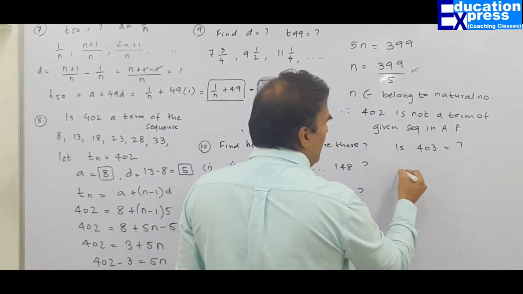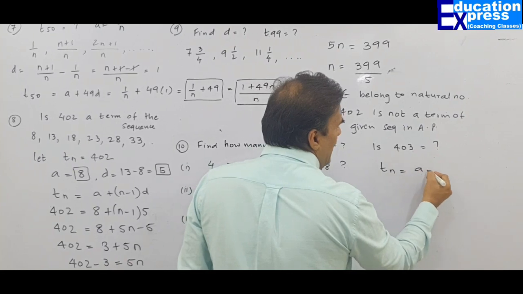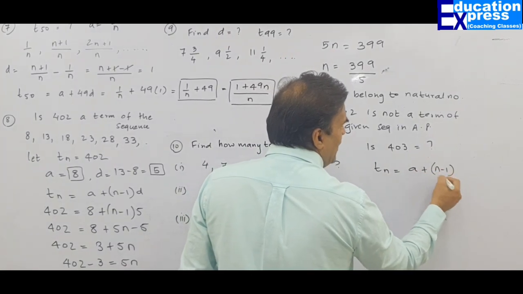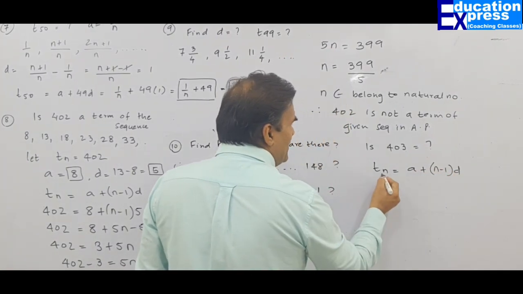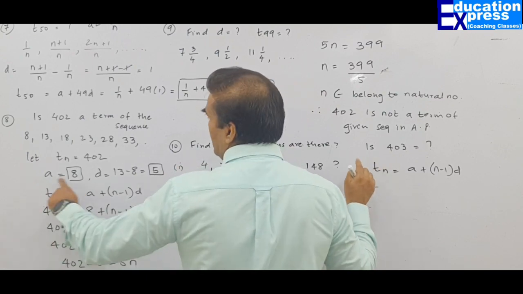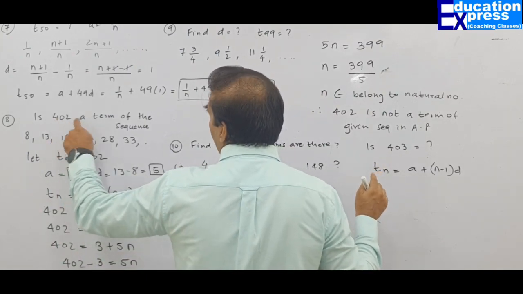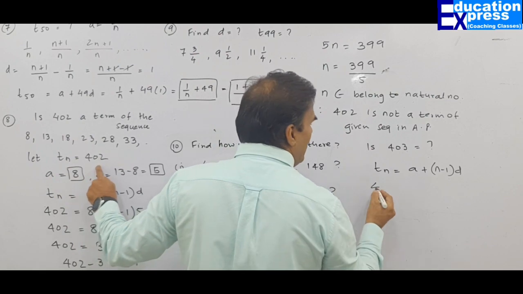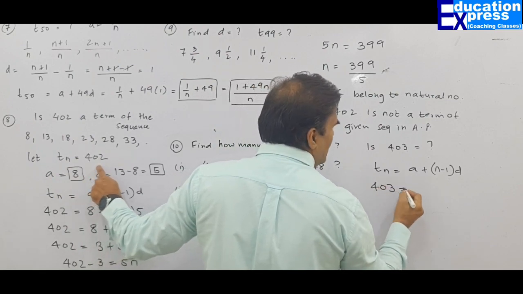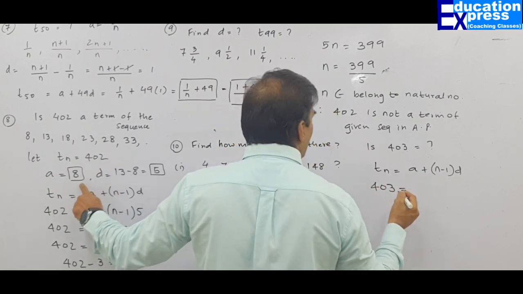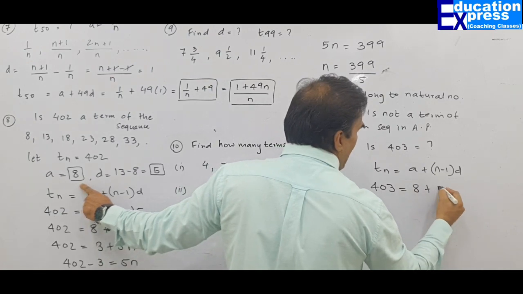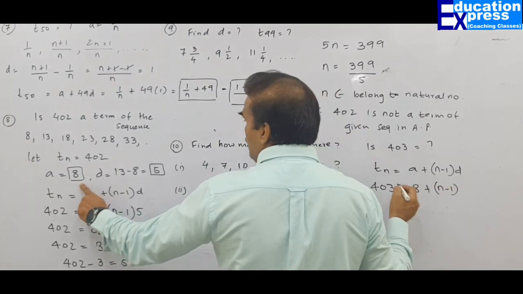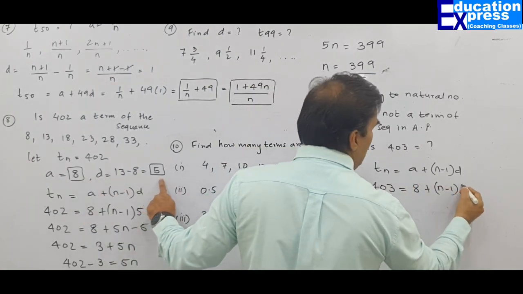Let us verify. So Tn equals a plus n minus 1 into d. What is the nth term? Now in place of 402, I am going to take 403 is equal to a. a is given to us as 8, n minus 1 into d. What is the value of d? 5.